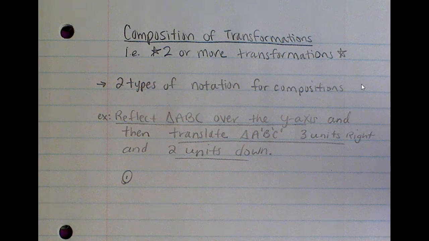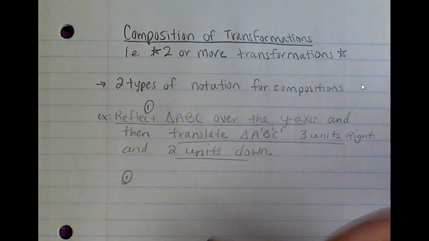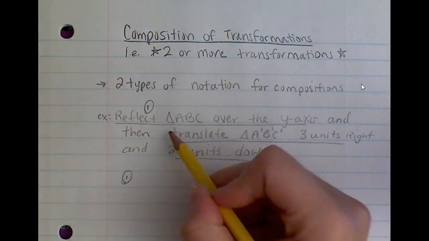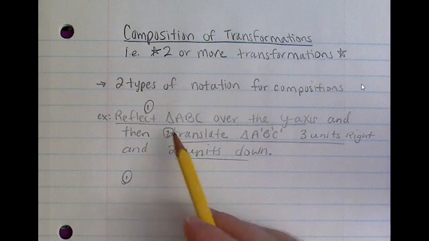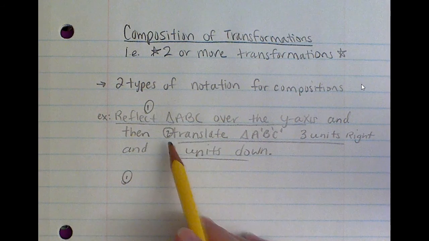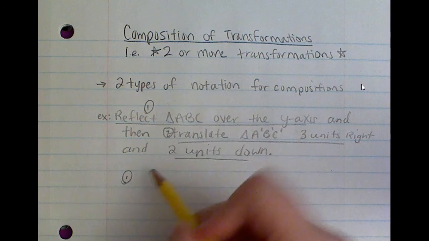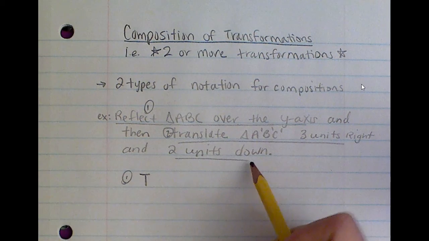So I can do my notation the same way as I just showed you. So if this is the first thing that I'm doing, I'm first reflecting and then secondly I'm translating, then you want to start your notation. The reflection should be after the little circle. So I'm actually going to start writing the translation. So capital T for translate, 3 units right, 2 units down.